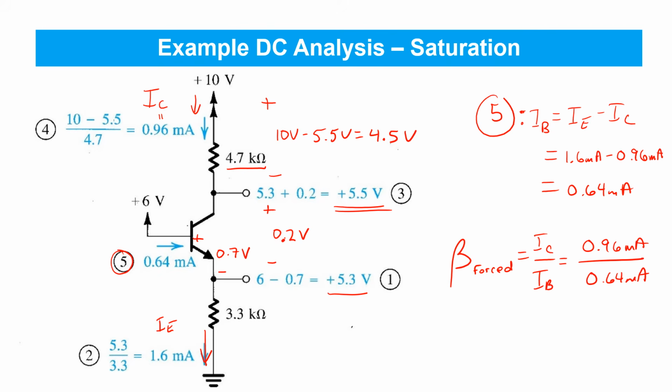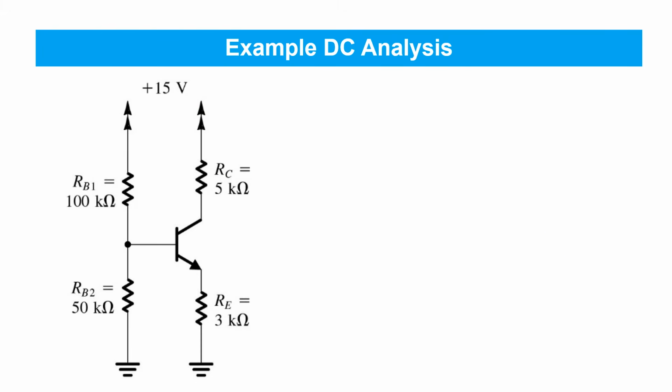The beta forced is certainly much less than beta, which is 100 for this transistor. You know, if we'd made a mistake here, and in fact this transistor wasn't in saturation, we might find a beta forced of 200, but that's just not the case. So that gives us some good confidence that we've done the analysis properly.